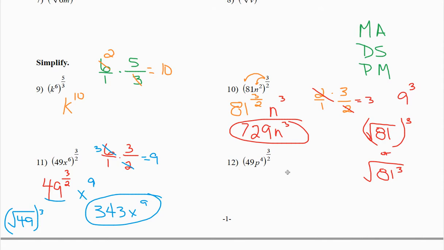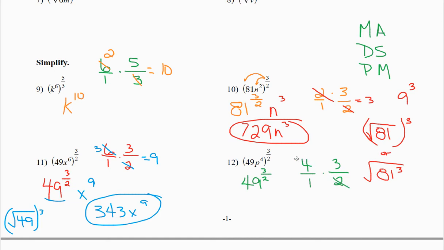Anyway, this becomes 49 to the 3 halves. Oh, wait, we just did that. Oh, good. I know that answer. And this becomes 4 over 1 times 3 halves. Okay, I'm going to cross cancel.